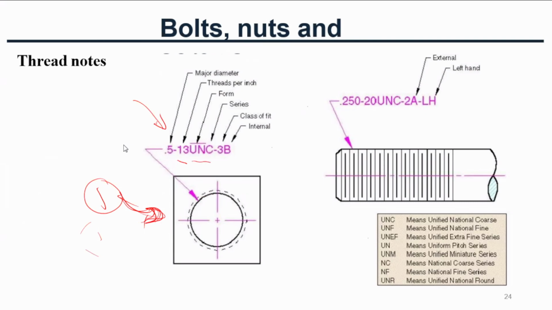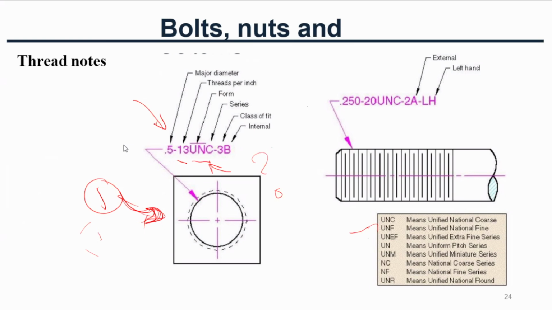UNC means what? It means Unified National Coarse. This is a coarse type thread.